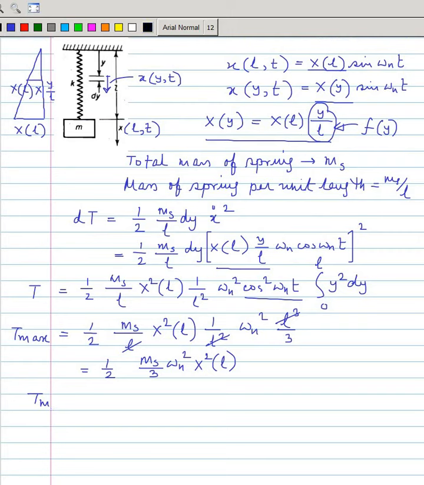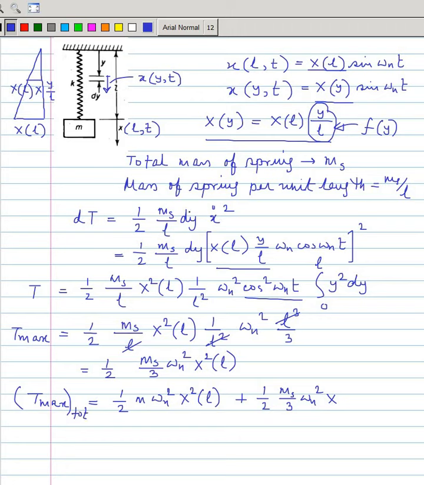If you add the kinetic energy of the mass also, that is half m ωn squared x squared plus half m_s by 3 ωn squared x_L squared. This is T max total.